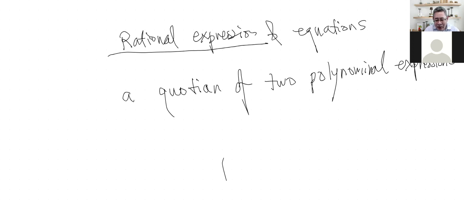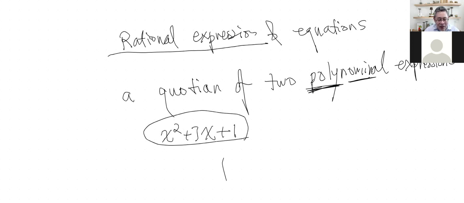Polynomial expression. Well, we know poly means many, nomial means terms, so many terms. That has to do with things like this: x squared plus 3x plus 1. Now, this is a polynomial expression. We got three terms, but sometimes even one term is considered polynomial.